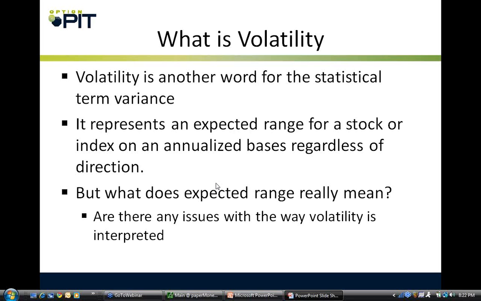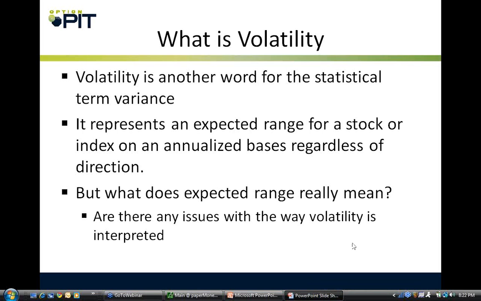I don't think expected is as good a word as probably. So a $50 stock with an implied volatility of 20, or volatility of 20, will probably move $10 or less in either direction. So it will probably end up between $40 and $60. But what does that mean? And what does expected range really mean?